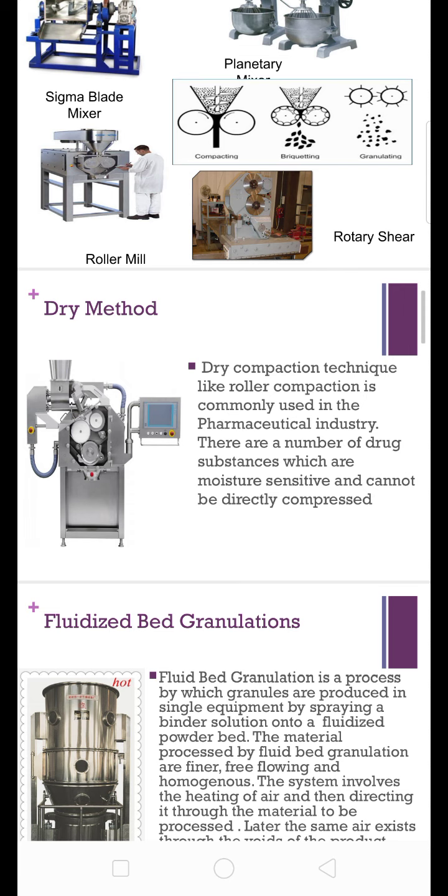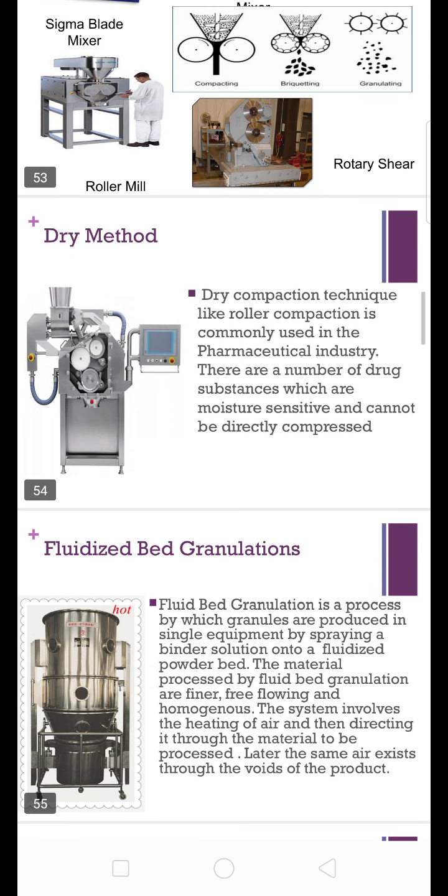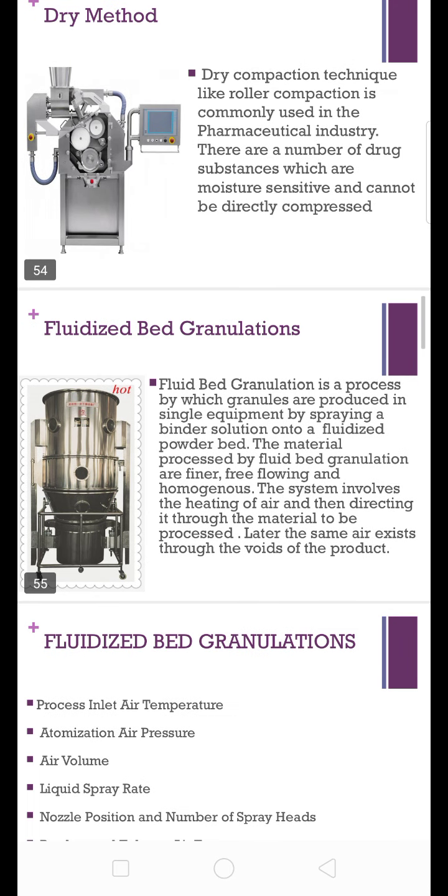There are a number of drug substances which are moisture sensitive and cannot be directly compressed. They have to be sent into this roller compactor. If we go for wet granulation, they are sensitive to moisture, and if we directly compress them, they are not compressible. So we use this roller compactor to convert them into loose compacts, which give you granular size and can be ready for compression.